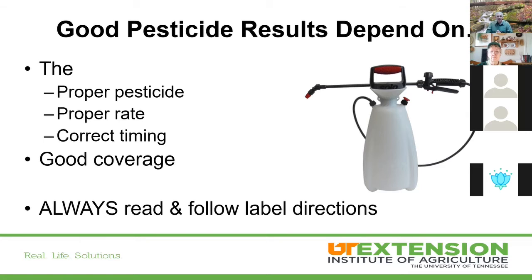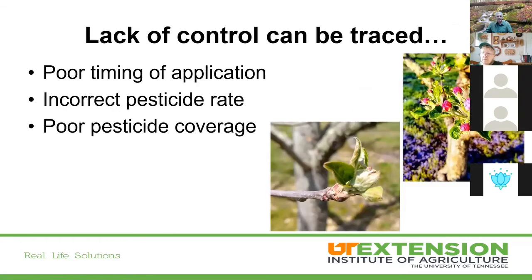And then lastly, good coverage. And Dr. Lockwood will tell you that most times that he sees a pest problem and everybody says that they followed all these guidelines, it simply comes back to they didn't get the coverage that they needed on the plant to provide that protection.